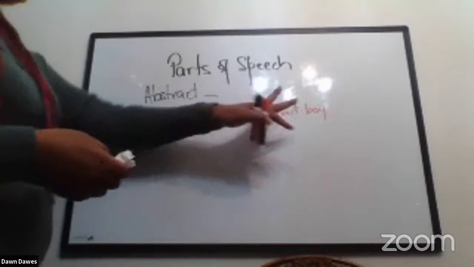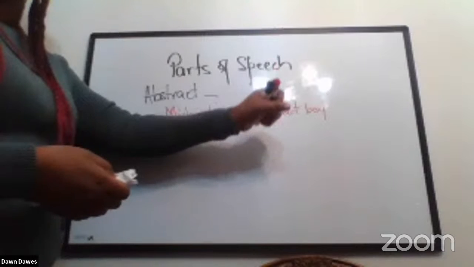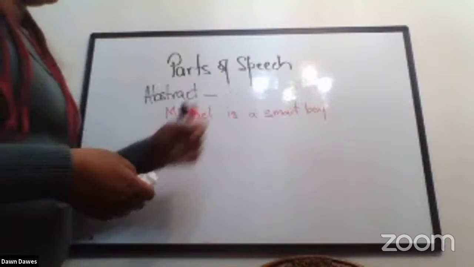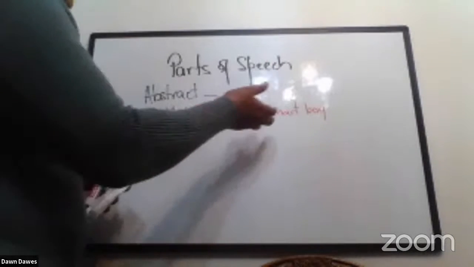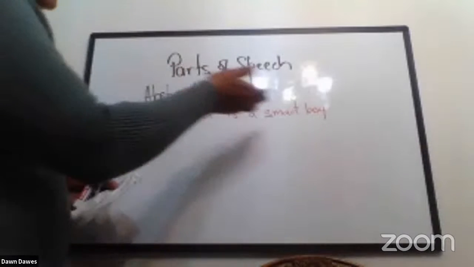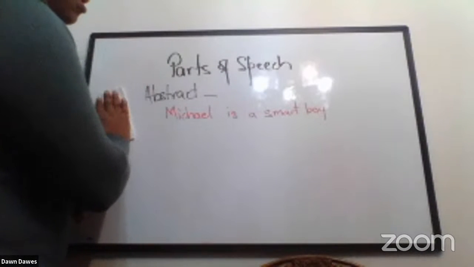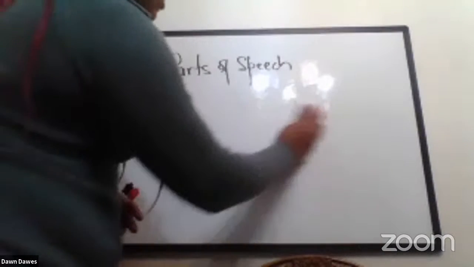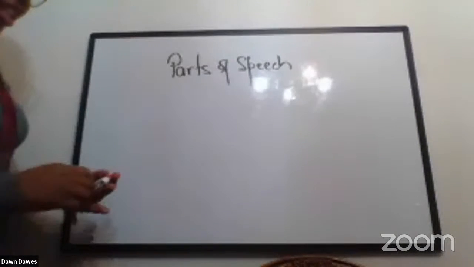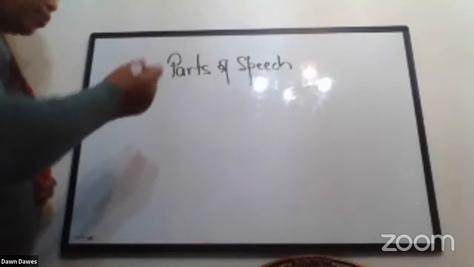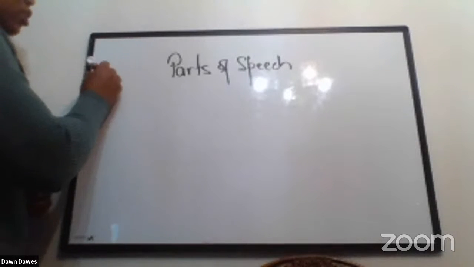And this is not something that we can hold, touch, feel, and all of that. So we consider this a quality of Michael. It is abstract. Okay, so let us go back where we're gonna delve a little deeper now. So we're going into examples.